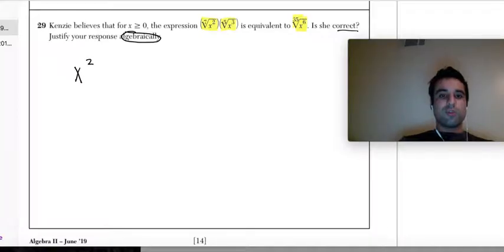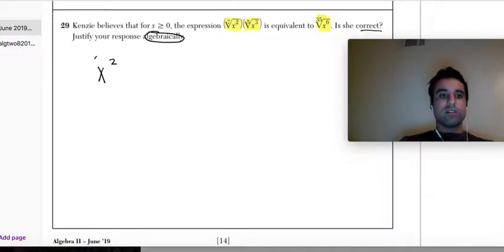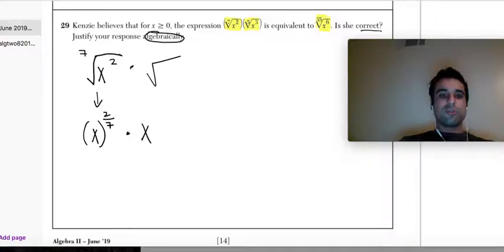If I start with the 7th root of x squared, when I have a radical symbol, this is the same as x raised to an exponent where the power goes in the numerator and the index, or the root, goes in the denominator. This is the same as x to the 2/7 times x to the, so the 5th root of x cubed, using the same rule, is x to the 3/5 power.